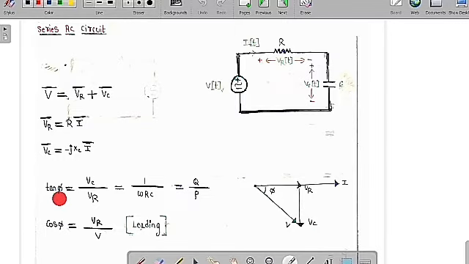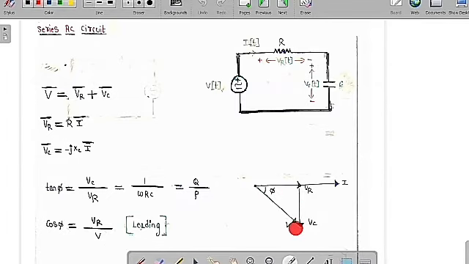If you want to know tan phi, it is equal to opposite by adjacent, which is Vc by VR. But Vc is equal to I into Xc and VR is equal to I into R. I and I are common between the two terms, so they get cancelled. Finally Xc by R, where Xc is equal to 1 by omega C. So finally you get the expression 1 by omega RC, which is equal to the reactive power by the active power, Q by P. Always you can see clearly the current is going to lead the voltage.